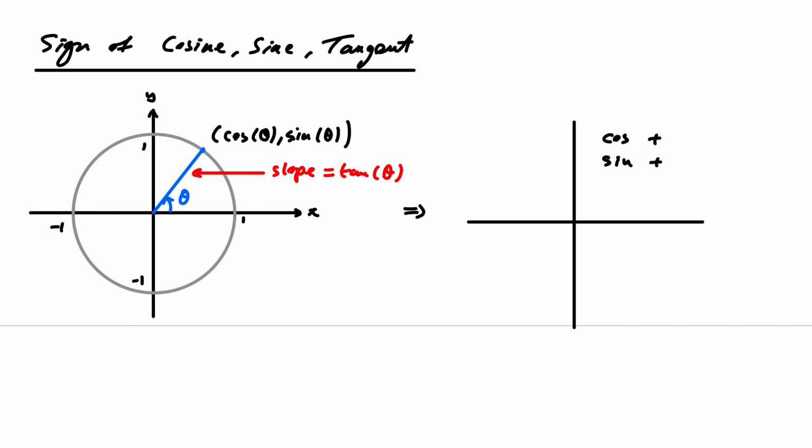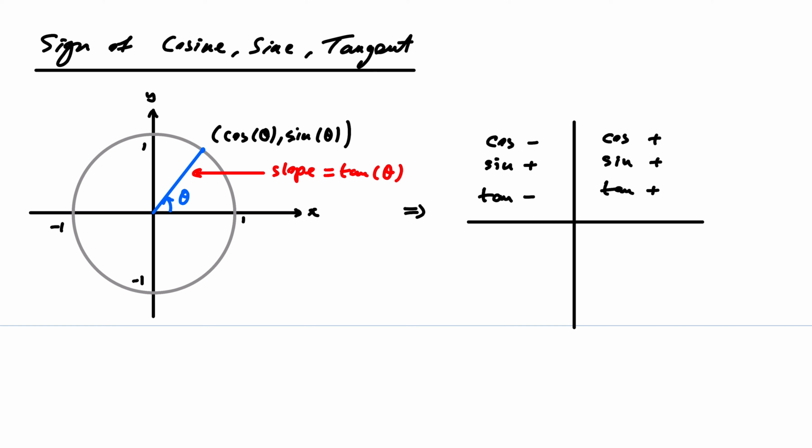Positive over positive is positive, so tan is positive. What about when I get over here? Well, over here, the x-coordinate becomes negative, but the y-coordinate is still positive, and the slope becomes negative. So cos is negative, sine is positive, and of course tan is negative, because plus divided by minus is minus.